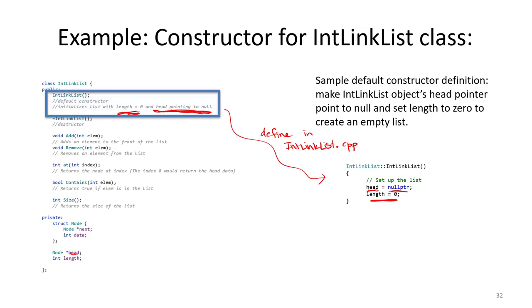So if you're ever writing constructors for a linked list or linked list class, make sure you pay attention to how you initialize your private variables. Generally, we want to make our head point to null to indicate an empty list, and if we have a length variable to track our length, we generally want that to be set to 0 initially.